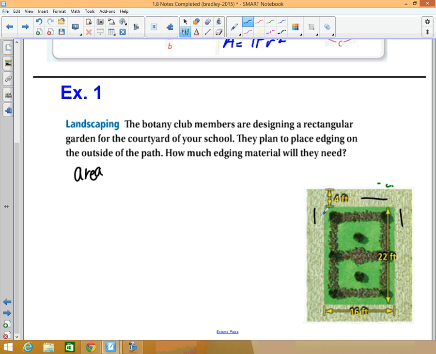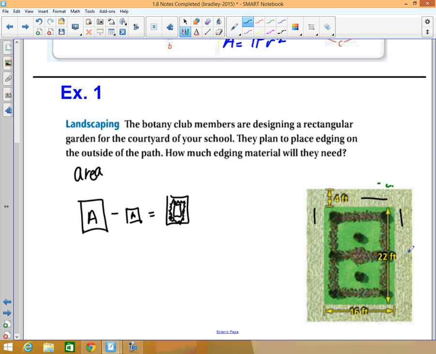So in order to do that, we're going to need to find area of the larger rectangle, right? And then subtract the area of the smaller rectangle. And that should give us the area of the edging, which is around here. Okay.